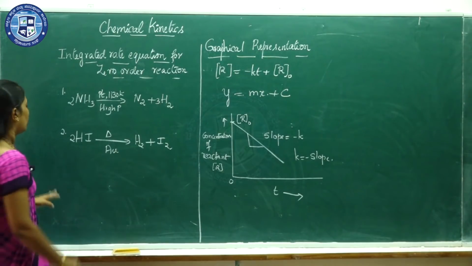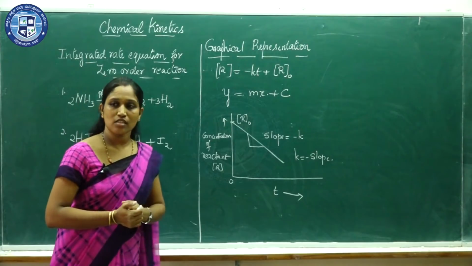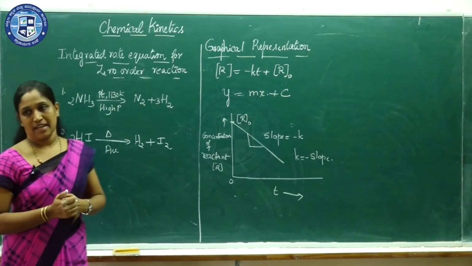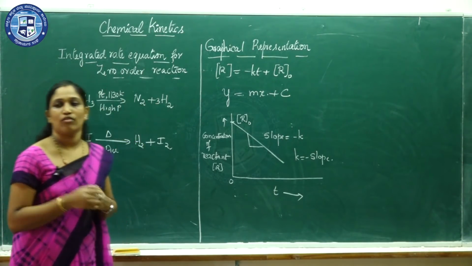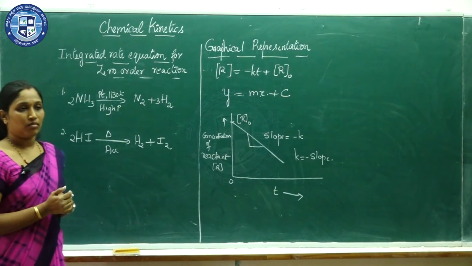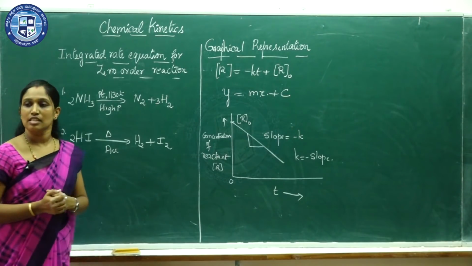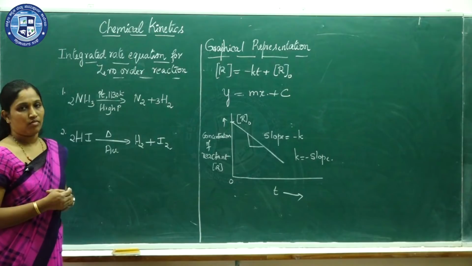Okay, you followed. Next, so what are other common reactions? See, apart from this, most of the photochemical reactions, for example, the formation of hydrogen chloride, and even several enzyme catalyzed reactions, they all come under zero order reactions.